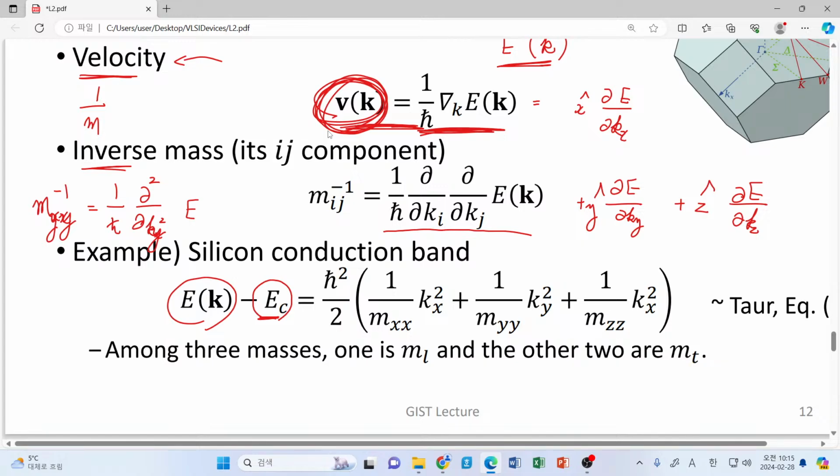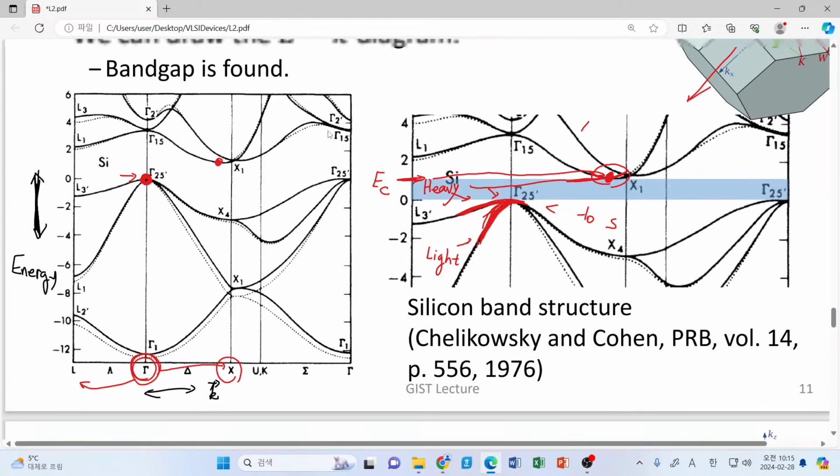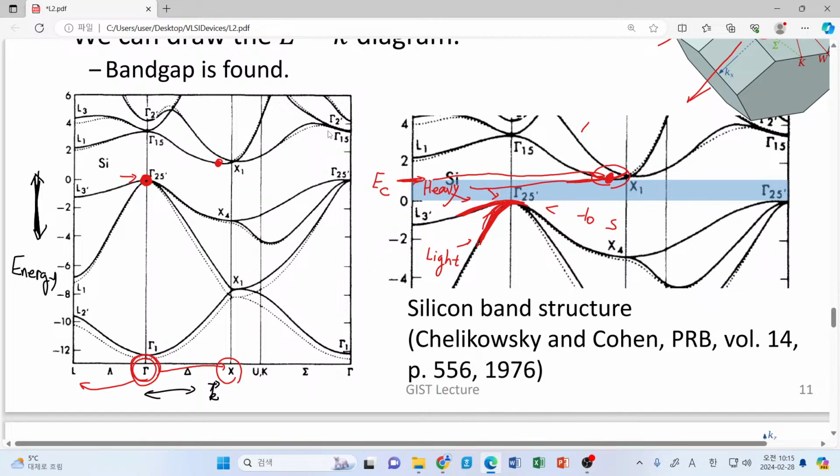Sorry about that, but there is another question on this k. What is k? Actually, k should be measured from, of course, the gamma point. Gamma is regarded as 0, 0, 0. However, in this notation, we say that locally, this is the origin of our k.